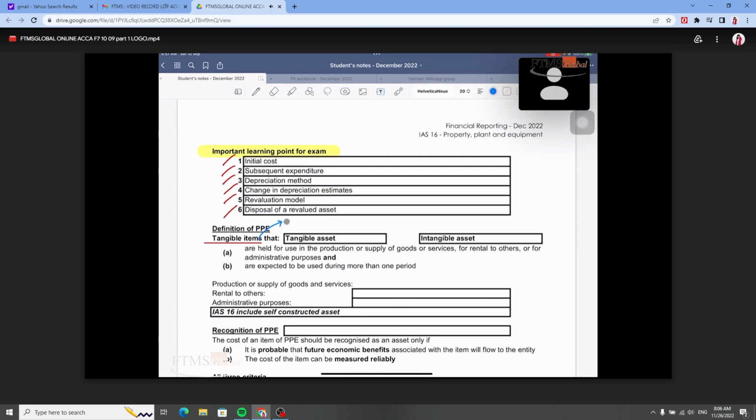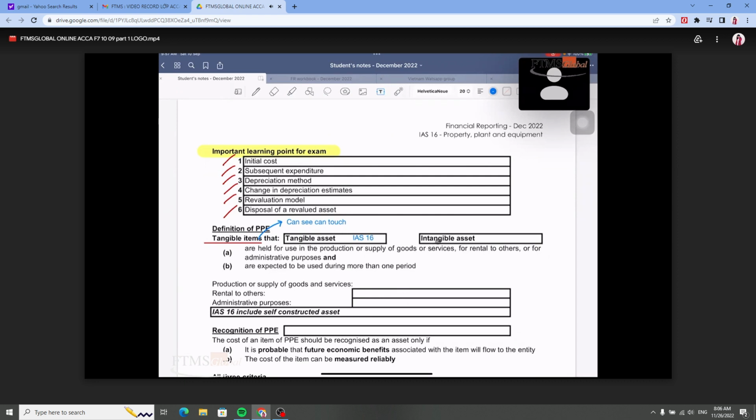So if I want to apply IAS 16, make sure I pass the definition test first. If you can see, can touch, then I can apply IAS 16.